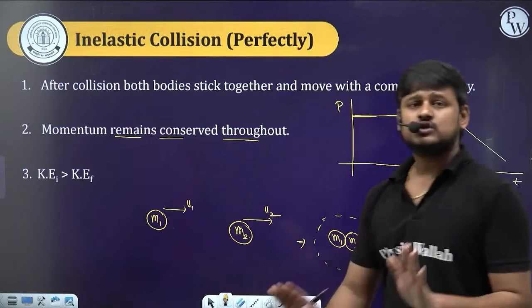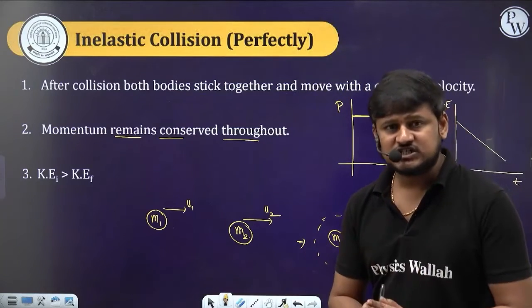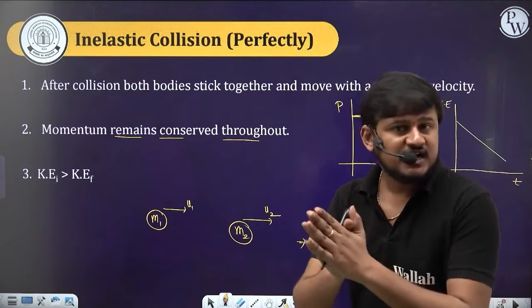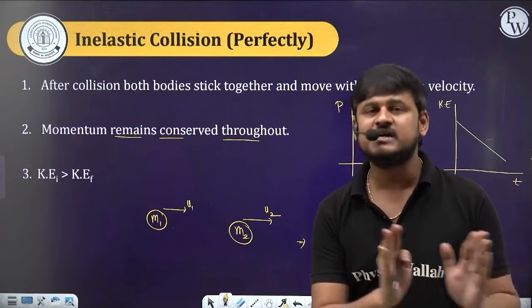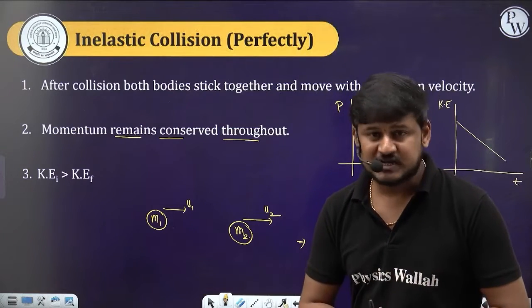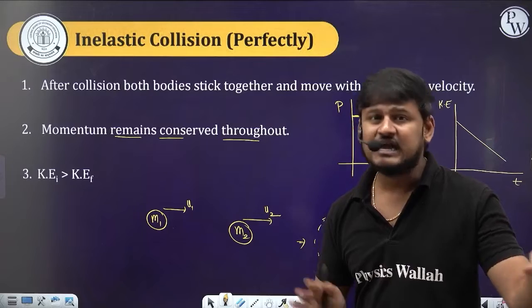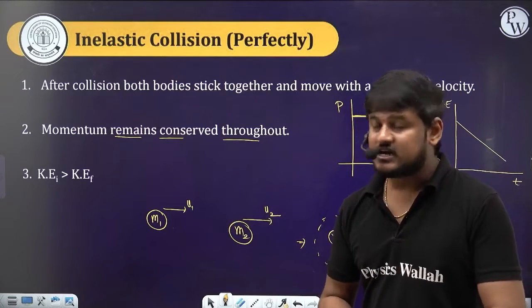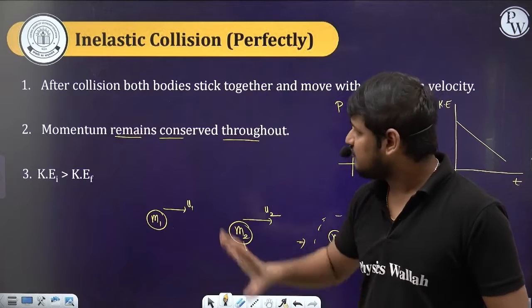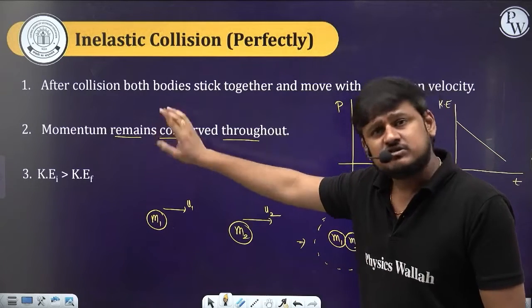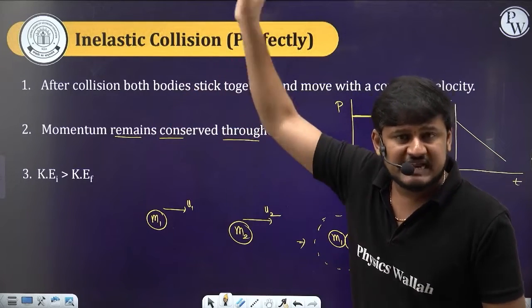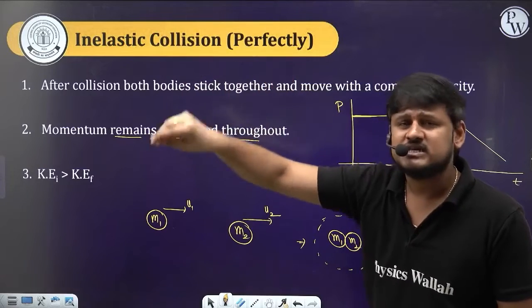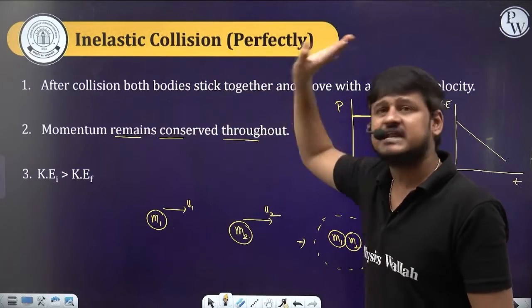See, the concept is simple. In the elastic collision, the initial and final kinetic energy are the same, and momentum will be conserved. Whether it is in 1D or 2D, you can solve the questions related to elastic collision. But when it comes to inelastic collision, you can conserve the momentum. Whatever concepts you applied in the elastic collision related to momentum, the same concepts you can apply in inelastic collisions also.